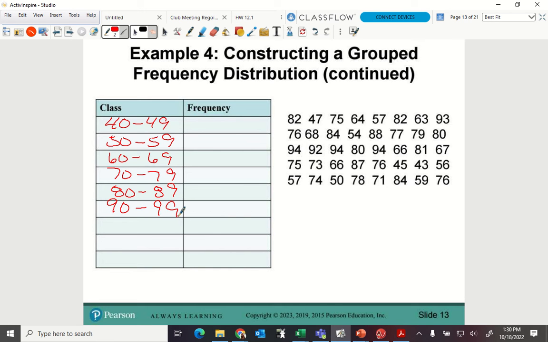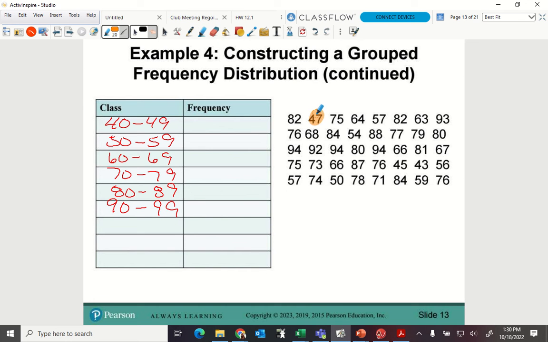Now, frequency, we're going to see how many times this happens. How many times do I get a score in a certain category? I'm going to either mark them off or tick mark them, or in my case here, I'm going to highlight as I go. So I'm going to start in the 40 to 49 range by highlighting here. Let's see how many I have in this range.